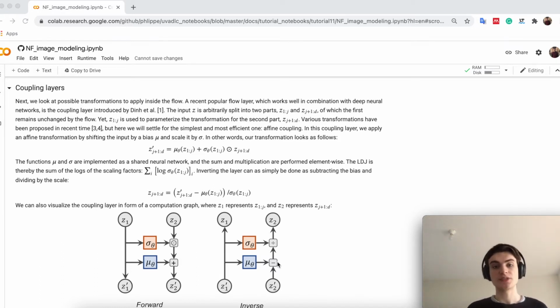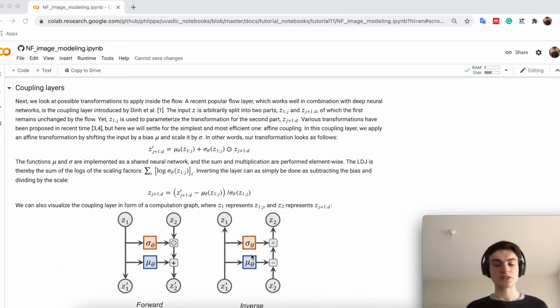The next benefit is that these two neural networks, which model the shift and the scaling, can be anything. They don't have to be invertible, because we don't need to invert these networks. We have the same input in both the forward and inverse path. This is a big benefit, as otherwise the log determinant of the Jacobian is hard to calculate.